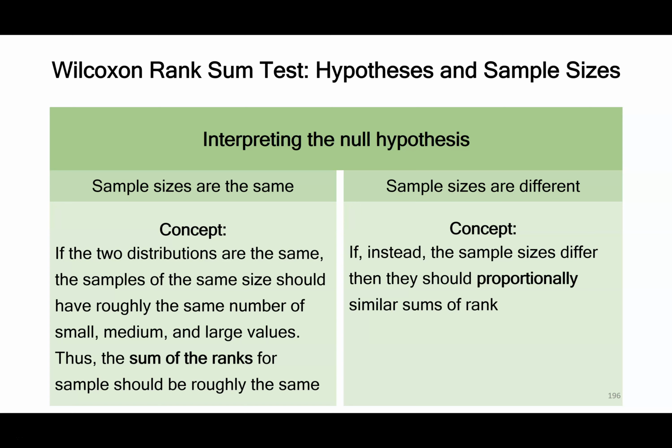It's more proportional: half of mine in sample 1 are low, and roughly half in sample 2 are low. Roughly a third in sample 1 are medium, roughly a third in sample 2 are medium, and so on. It's proportional. It's not the exact same number or even approximate number, because you might have wildly different sample sizes. So you just can't hold them to quite that same expectation.